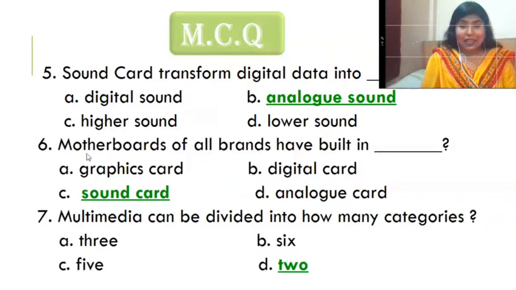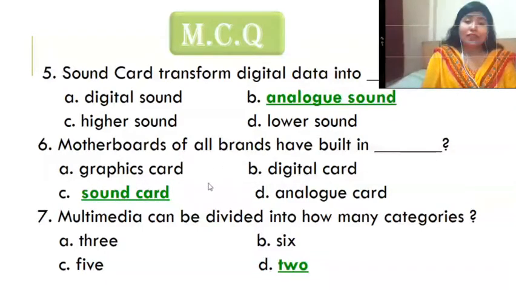Number 6. Motherboards of all brands have built-in dash. A. Graphics card. B. Digital card. C. Sound card. D. Analog card. See, my dear students, here motherboards of all brands have built-in which card? Is it graphics card?